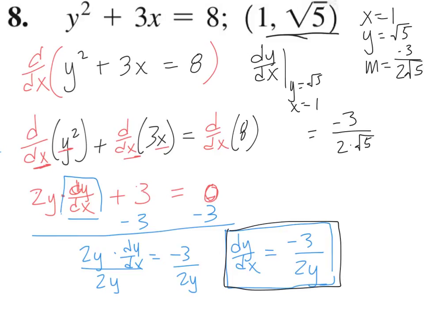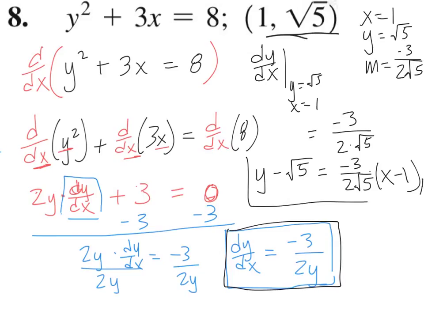Okay, so now the equation that we want to get here is going to be y minus the square root of 5, and that's equal to m, which is negative 3 over 2 times the square root of 5, times x minus 1. Okay, and you could simplify that, but let's just go ahead and leave it like that for right now.